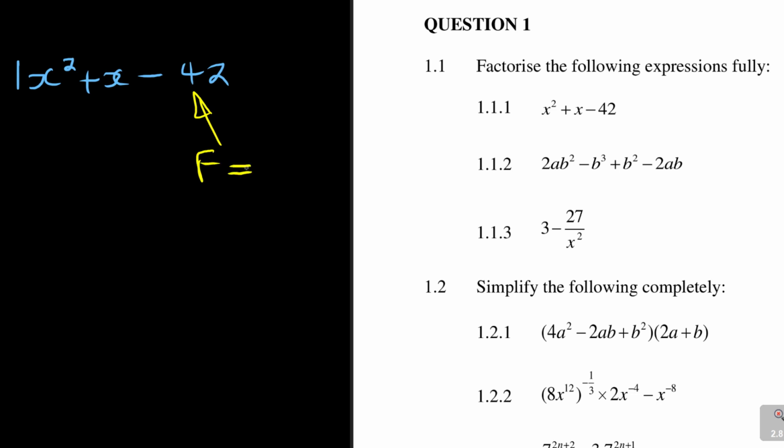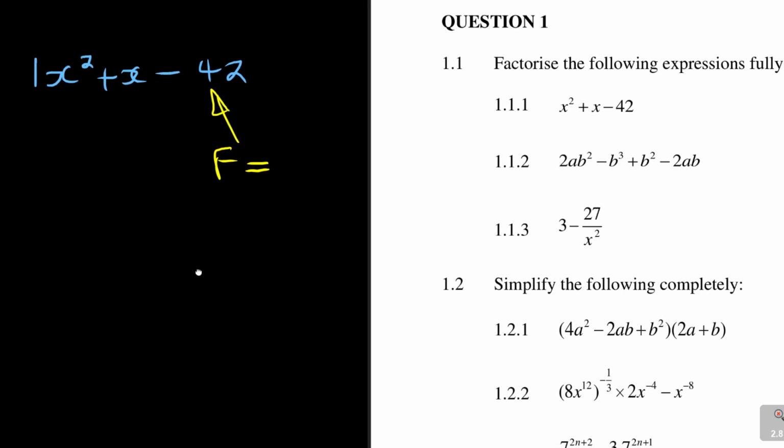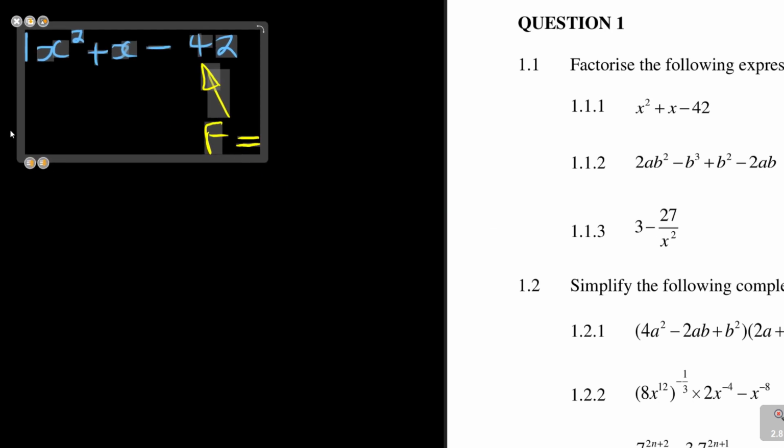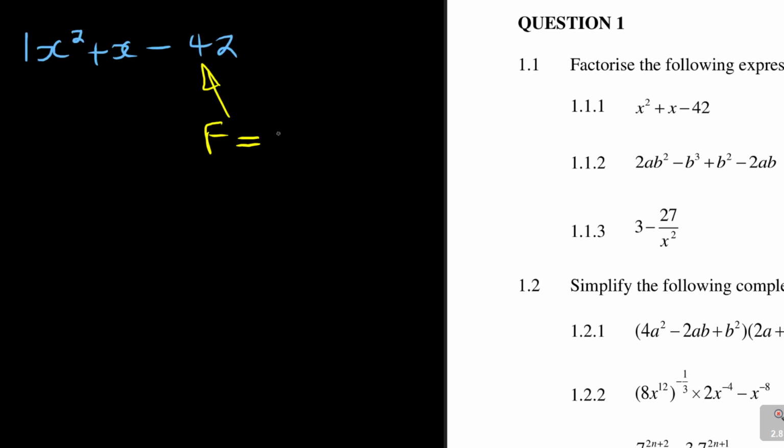So you want two numbers that you multiply to get 42. What are those numbers? Those two numbers that you can multiply, it's 1 times 42. That's the first one. And then you've got 2 times 21.